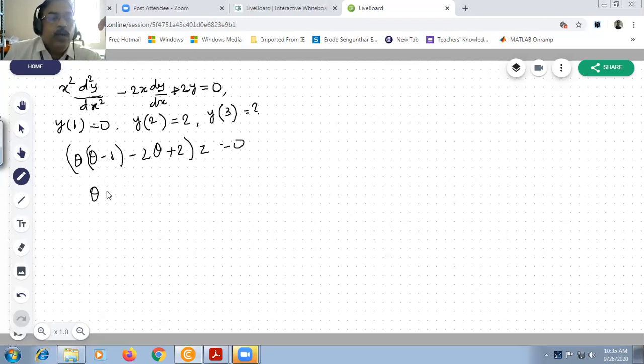For theta square minus theta minus 2 theta, it is theta square minus 3 theta plus 2 is equal to 0, the homogeneous equation. So theta is equal to, you can convert it to m, but we are not going to give any step marks here.